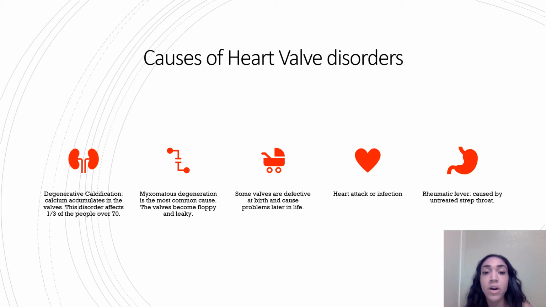Some valves are defective at birth, which are congenital, and they cause problems later on in life. And then they can be caused by a heart attack or an infection that occurred. And then probably the least common is rheumatic fever, which is caused by untreated strep throat.